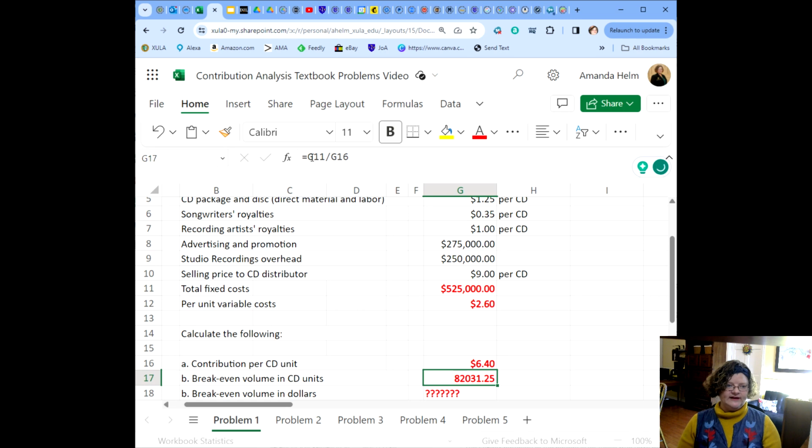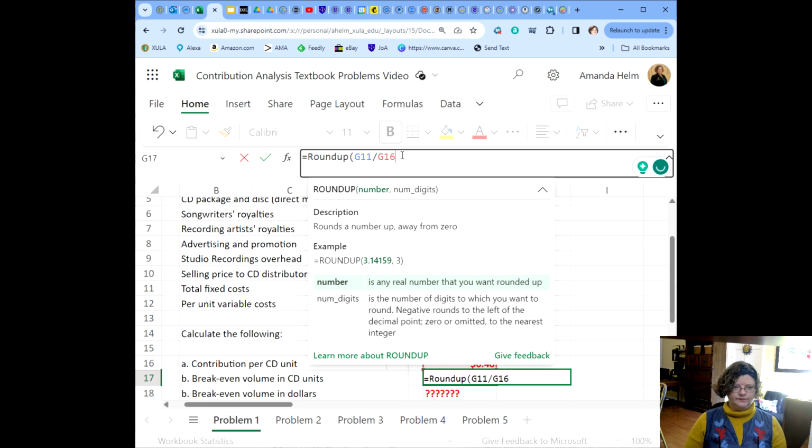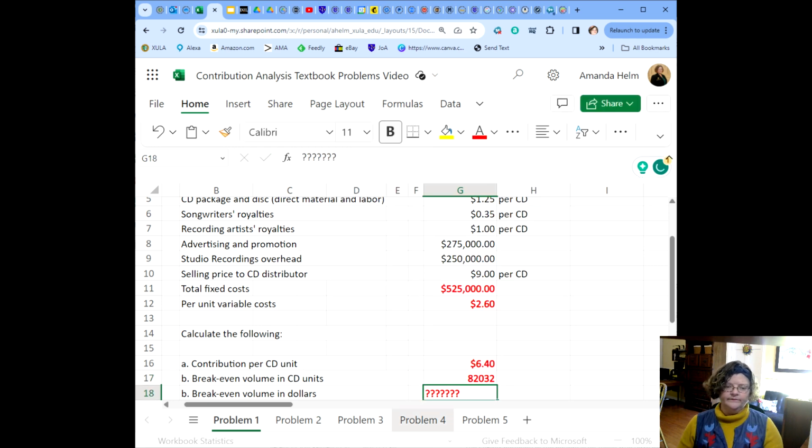And if you want to be fancy, I just added that little extra formula, round up, in order to round up my units, because you can't sell a quarter of a CD, right?